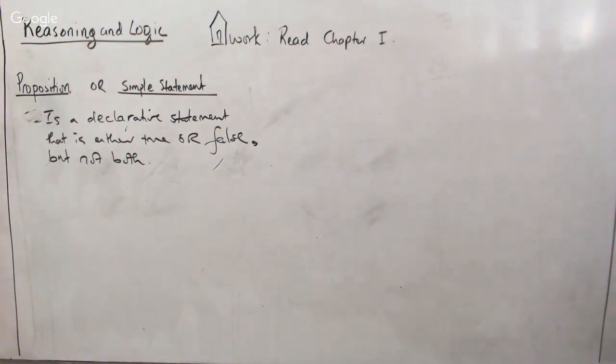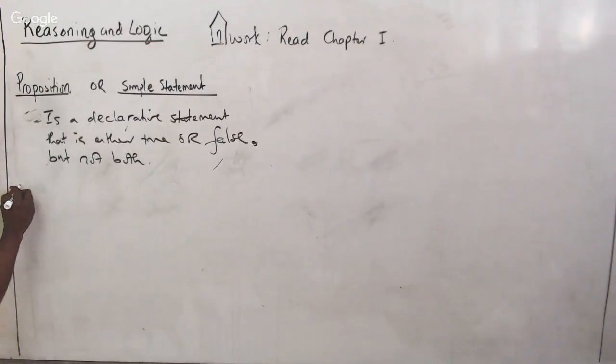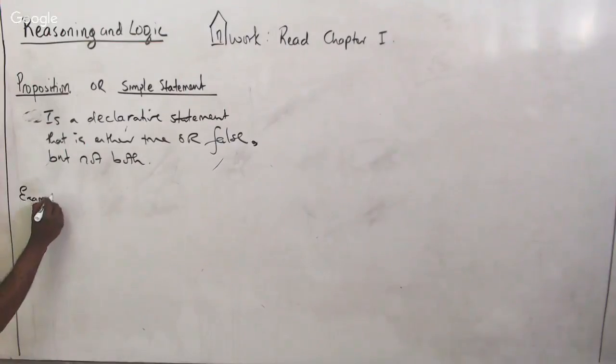So that's no ambiguity by definition. So, examples.